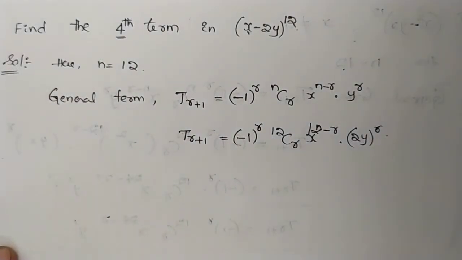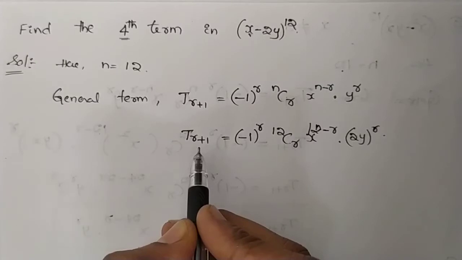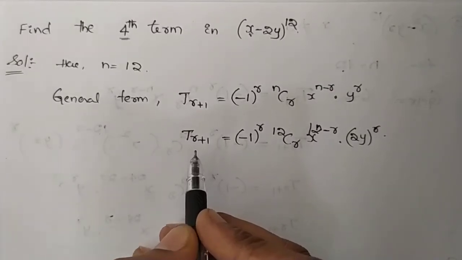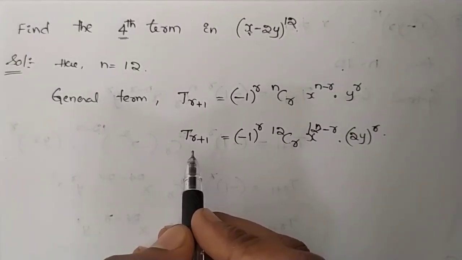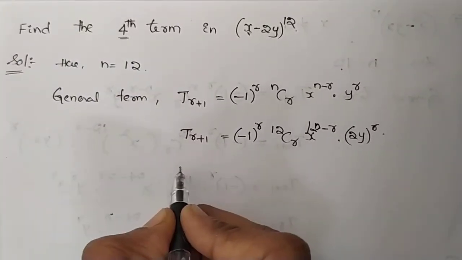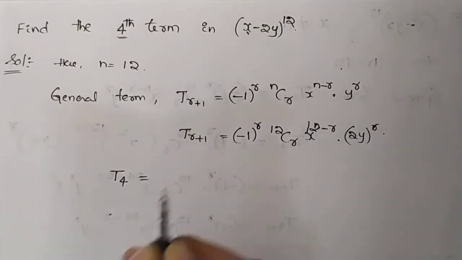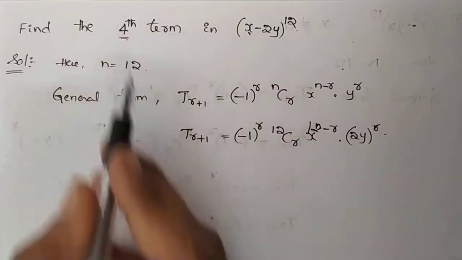The (r plus 1)th term in the expansion of (x plus y) whole power n is called the general term; this definition we already know. Here we have to find the fourth term, T4.